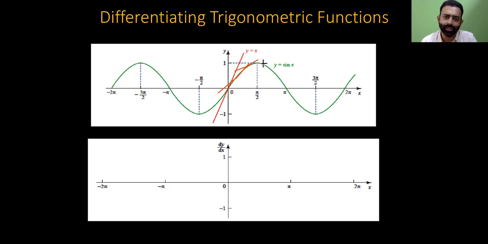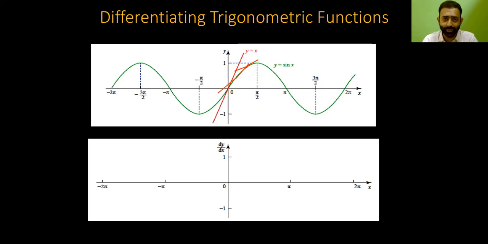As the graph goes on, the tangent slope is going to decrease, so the value of the gradient changes slightly. What will be the value of this gradient at x equals pi by 2?